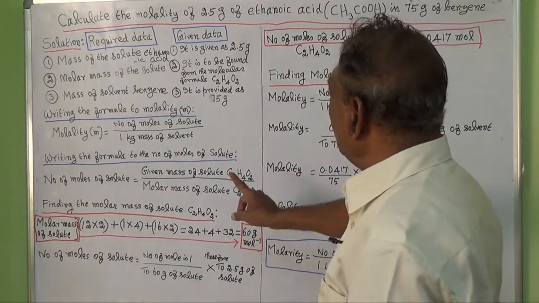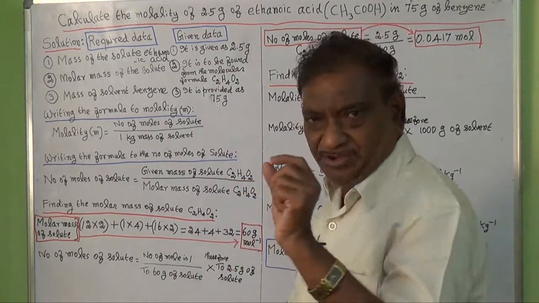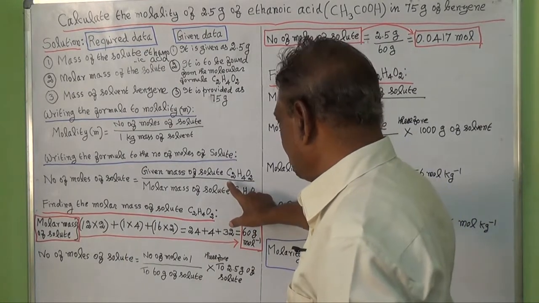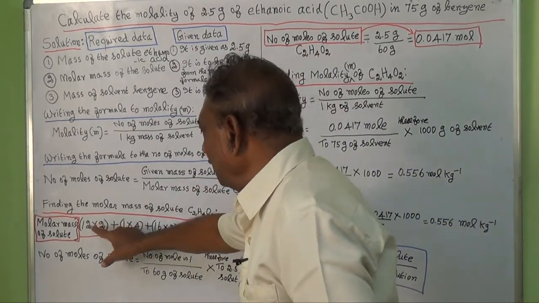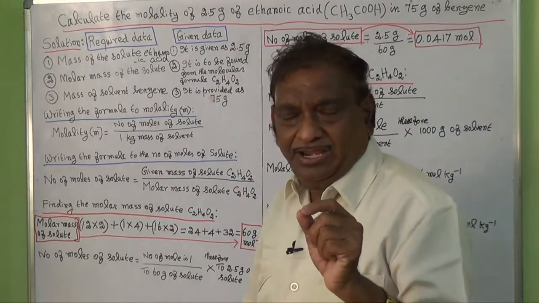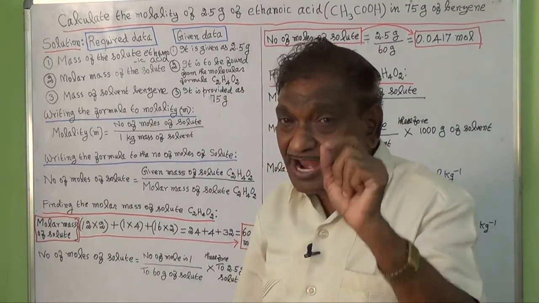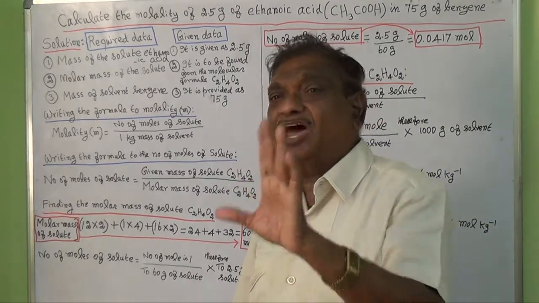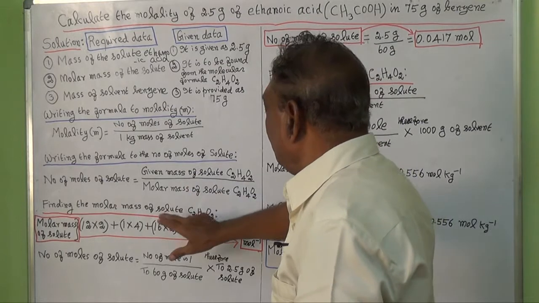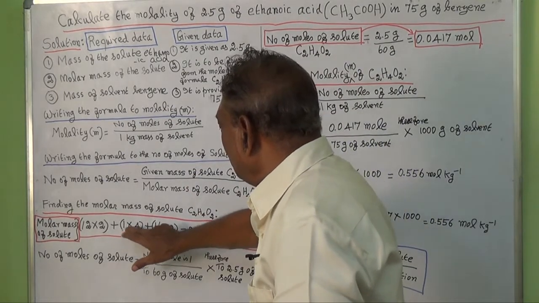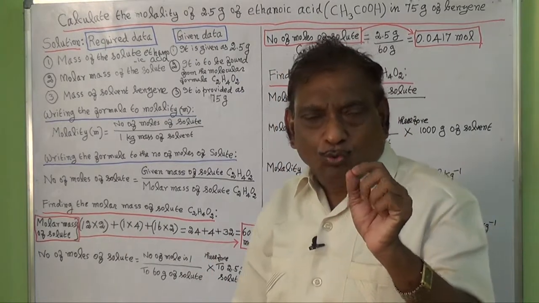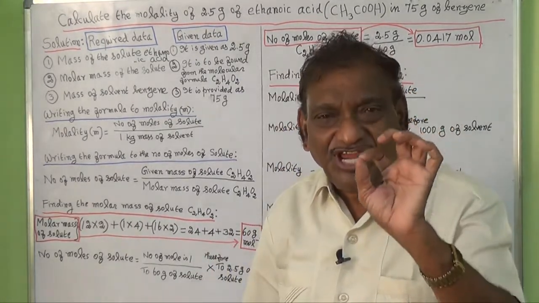The atomic mass of one carbon atom is 12. Here there are 2 carbon atoms. So 12 into 2 plus, we know that the atomic mass of one hydrogen atom is 1. Here there are 4 hydrogen atoms. So we multiply 1 by 4 plus the atomic mass of one oxygen atom is 16.